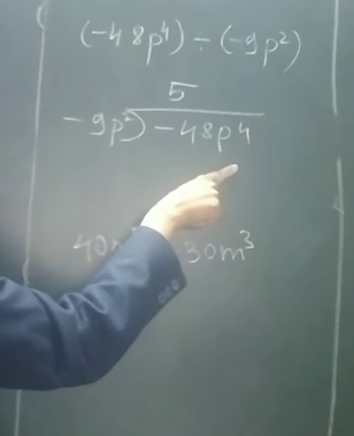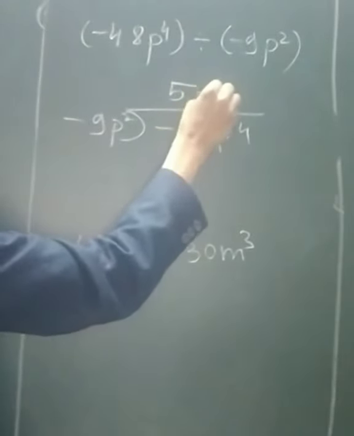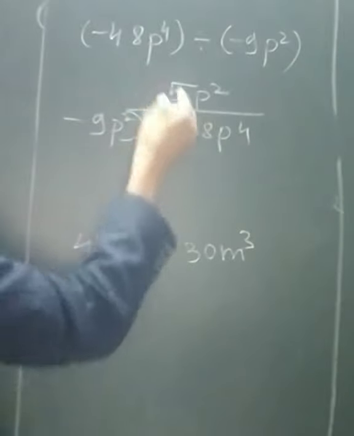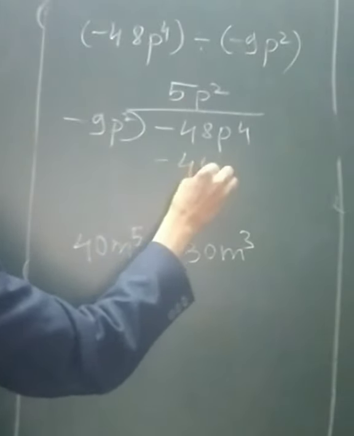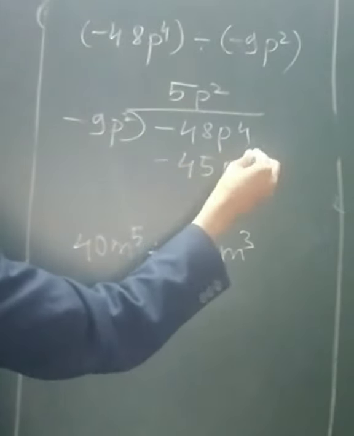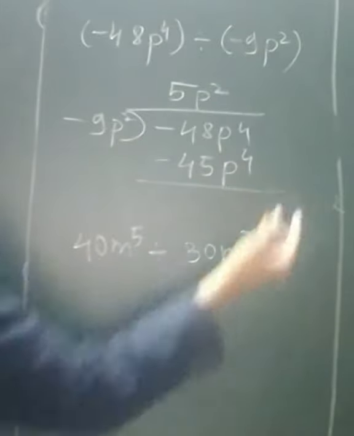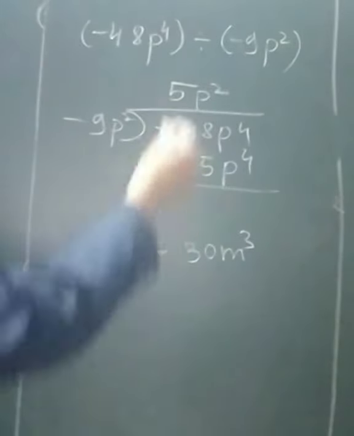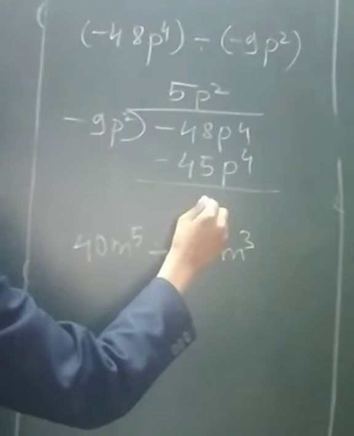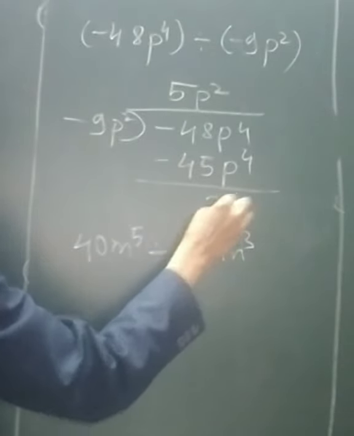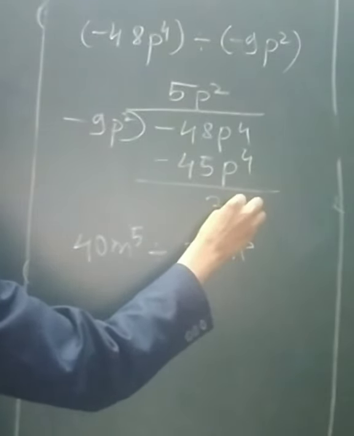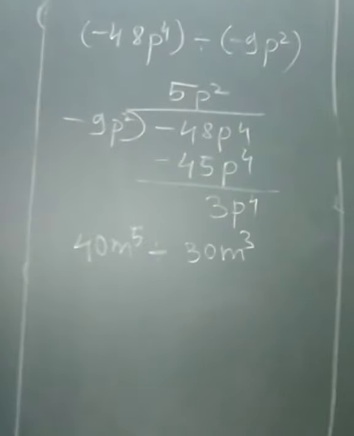P square, p raised to 4, that means we need p square. So when you do it like this, you get the value 45, correct? And what is your remainder? Your remainder is 3p raised to 4.